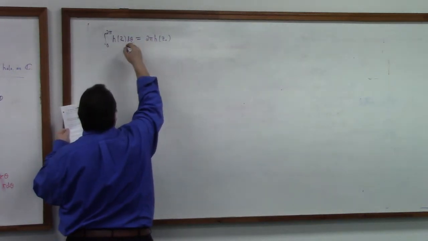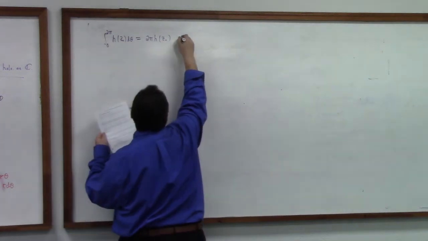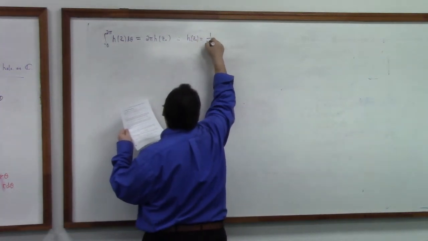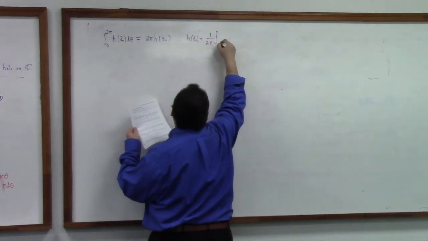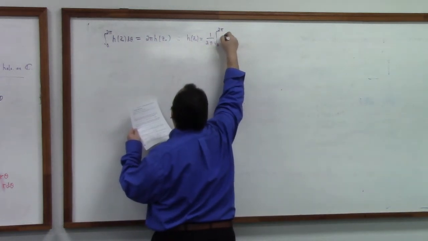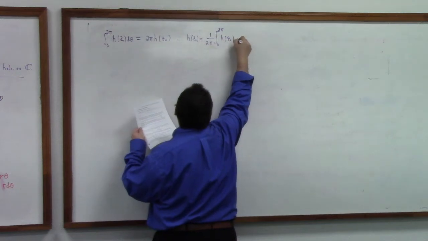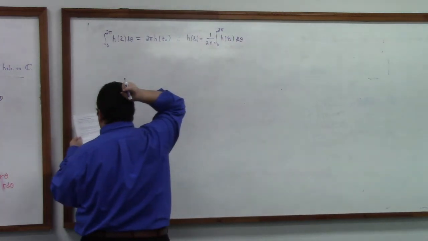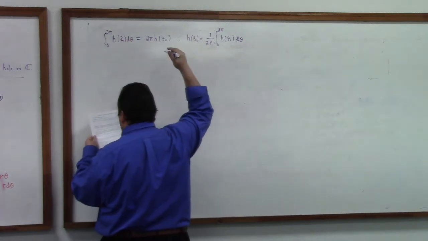In other words, we can say h of z naught is 1 over 2 pi times the integral from 0 to 2 pi of h of z naught d theta. All right, great. And so we can use this identity in what follows.